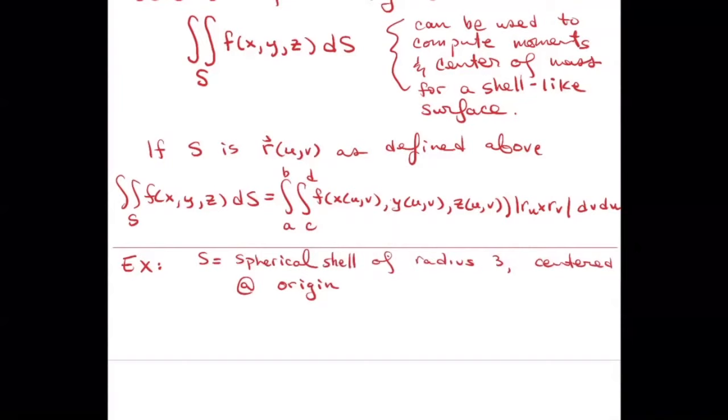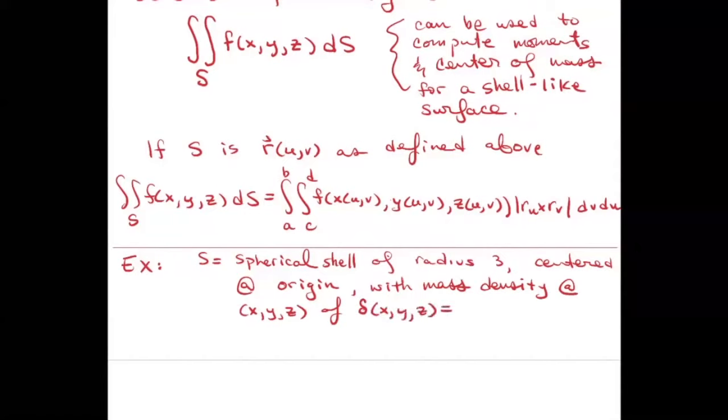Spherical shell of radius 3, centered at the origin, with mass density at XYZ of, let's say, I think we do delta for density here, so delta of X, Y, Z, and I'll just do Z squared. Keep it simple.